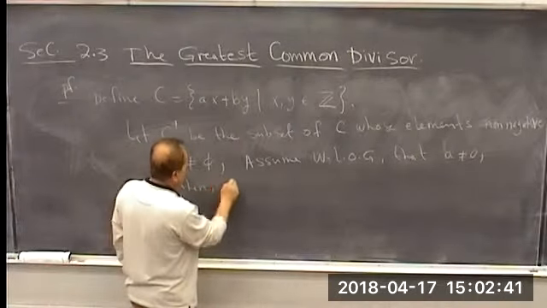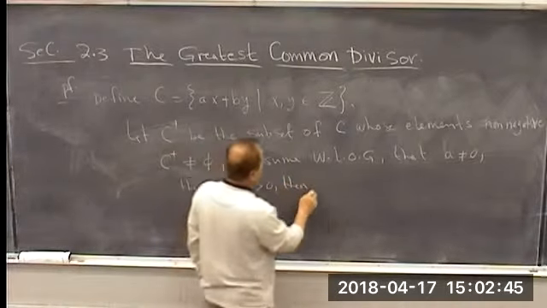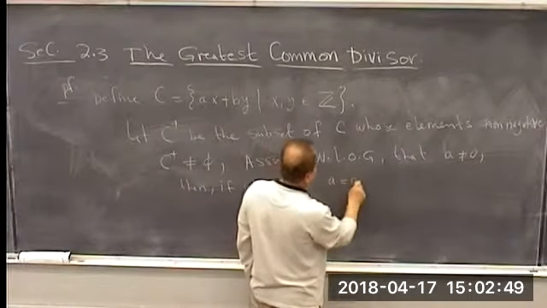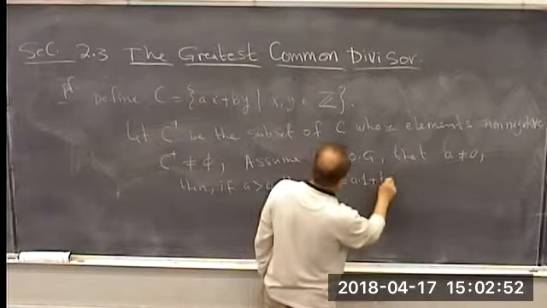If A is bigger than 0, then this element A, which is equal to A multiplied by 1 plus B multiplied by 0, belongs to C plus.